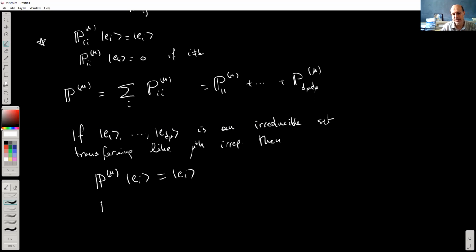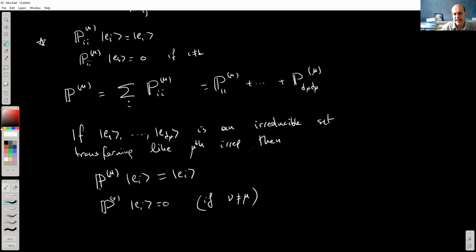But for the other ones, P_mu e_i is equal to 0. This is if the representations are different from each other. But this basically comes from some other properties that I have mentioned before.